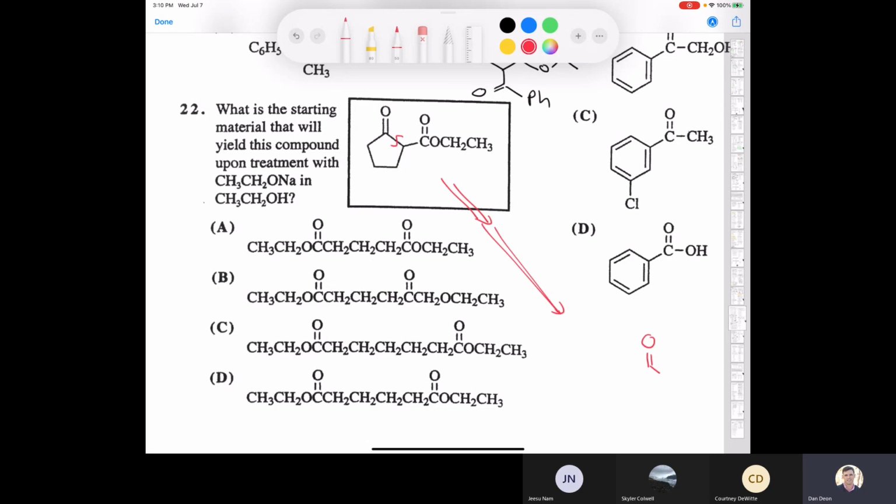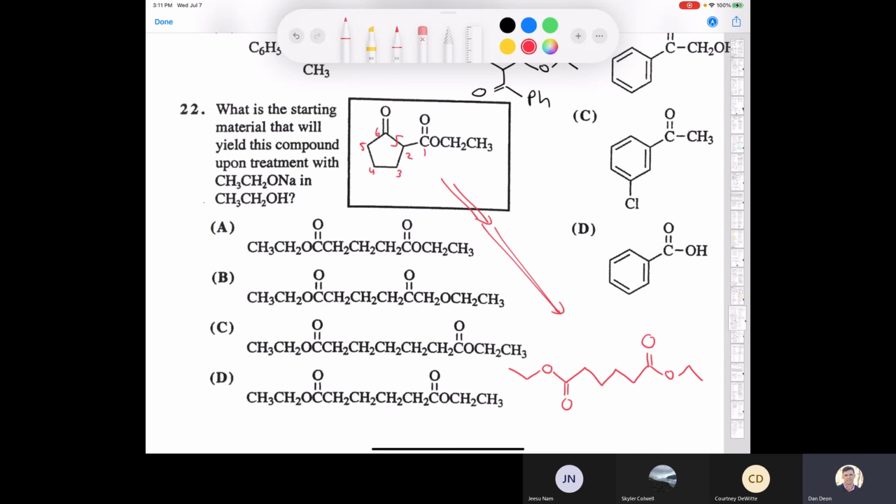So you've got this carbonyl, and then you've got an ethyl group over here. Then I'm just counting from here, 1, 2, 3, 4, 5, 6. So 1, 2, 3, 4, 5, 6. And then on the 6th carbon, you've got a carbonyl, and then you'd have another ethyl over here. So which one of these? 1, 2, 3.